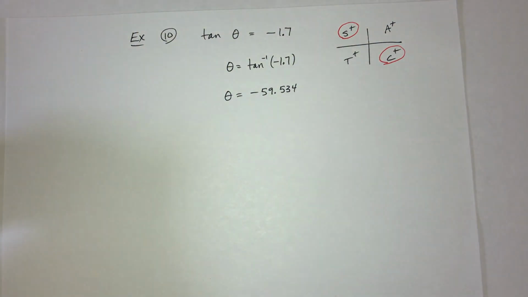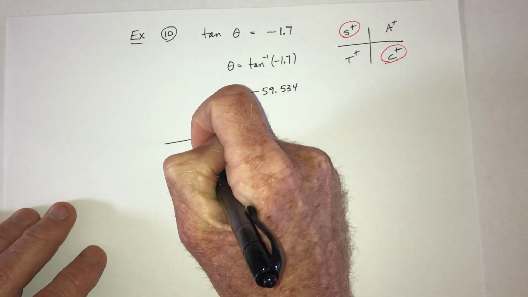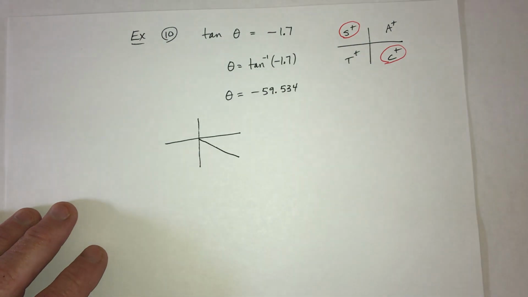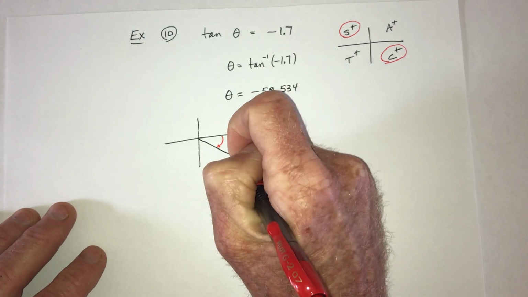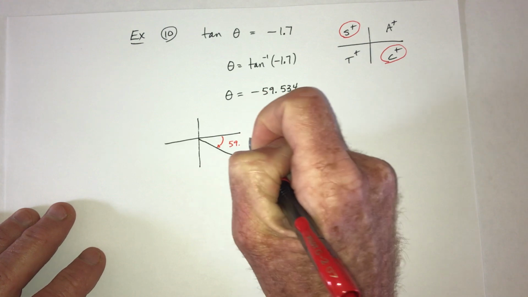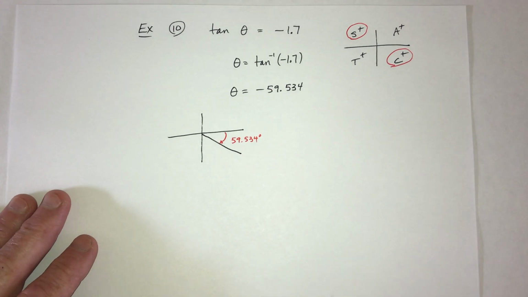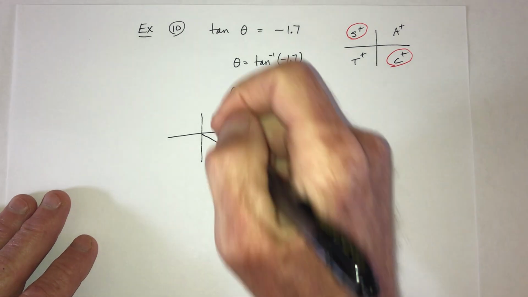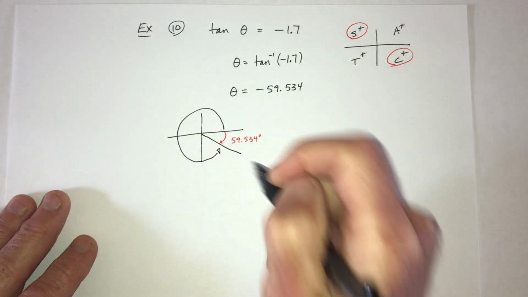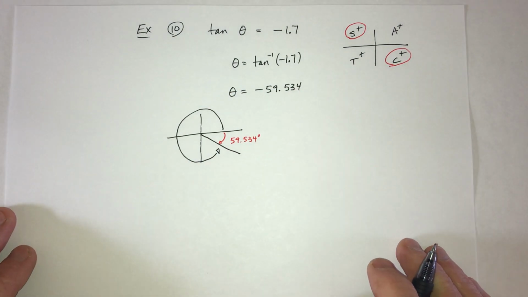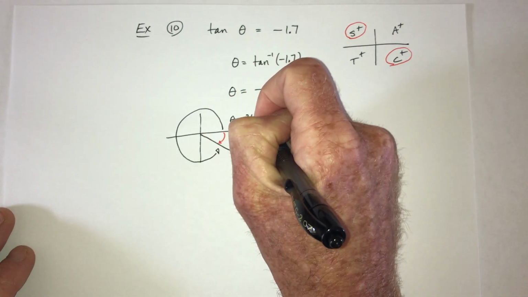Now I want two positive answers. The calculator said if you go this direction, the negative direction, then that will be 59.534 degrees. But I want to know what would theta be if you went from here around to here. So that would be that theta equals 360 degrees.